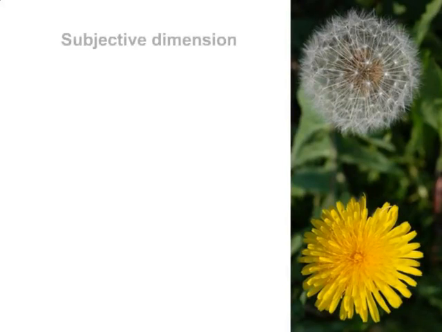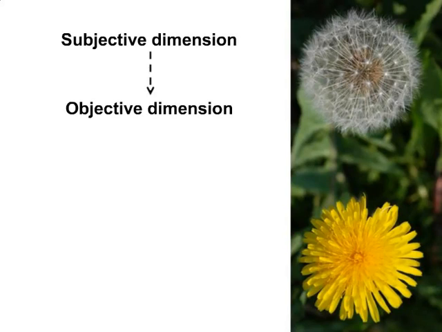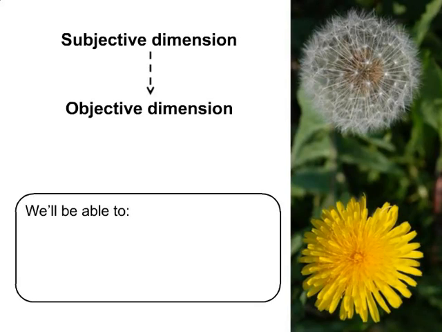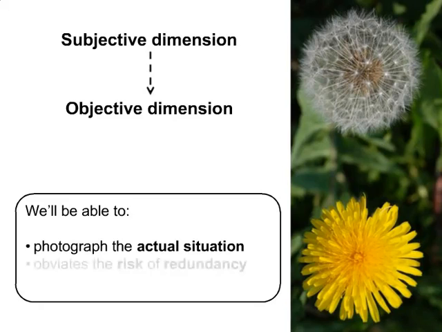From this distinction, it is possible to pass from the mere subjective dimension of the learning need in favor of a more objective dimension. This way, we'll be able to photograph the actual situation, taking into account all the affecting design factors. It obviates the risk of redundancy and helps to overcome the actual existing gaps.